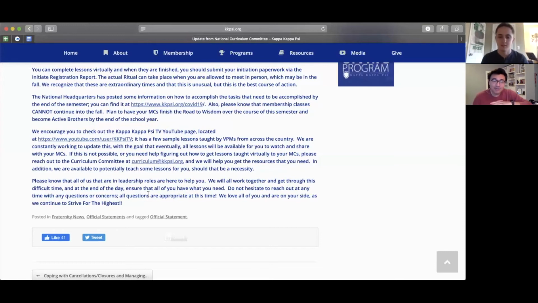So, after speaking to headquarters staff, it was suggested that the membership candidates submit their $125 to one individual. That may be the treasurer, the VPM, the president, and that individual who's collecting all the fees write a personal check and send it to headquarters.